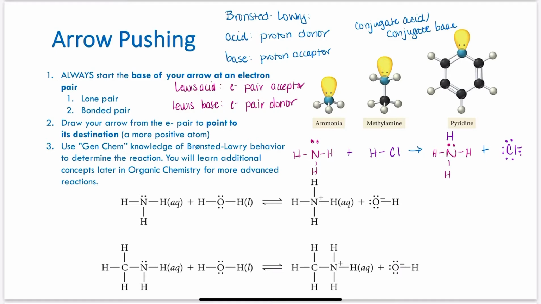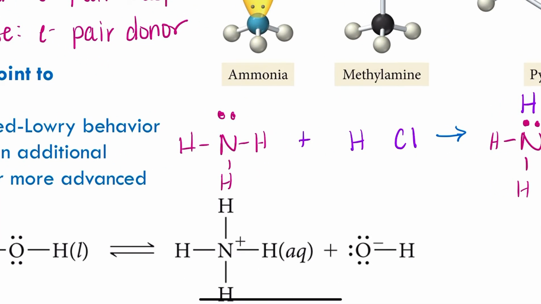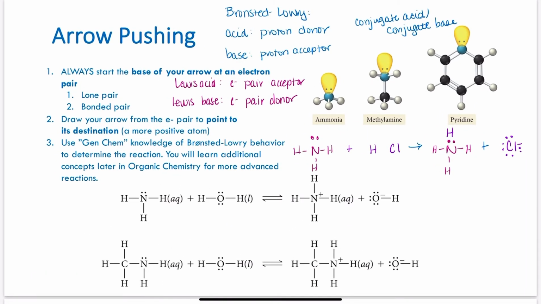Now, let's think about this with the actual electrons here holding this molecule together. What's happened here is ammonia acted as a Lewis base. It donated this pair of electrons to form that bond with hydrogen. HCl acted as a Lewis acid. The chloride ion accepted this pair of electrons when the hydrogen left.